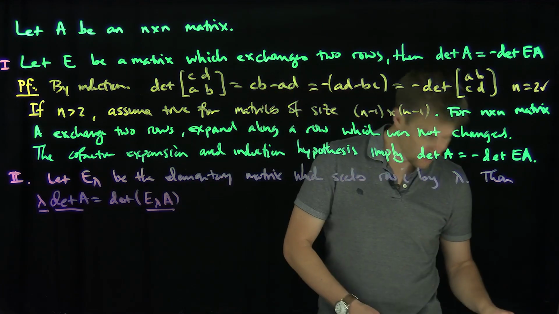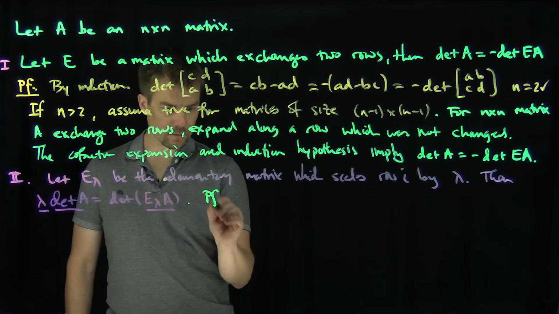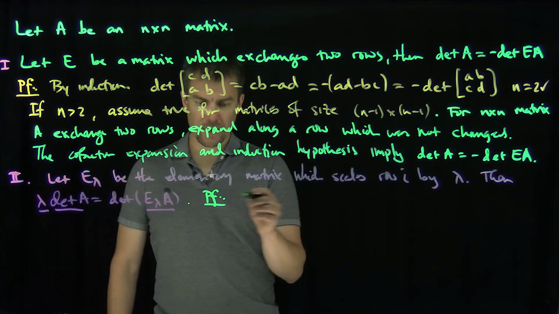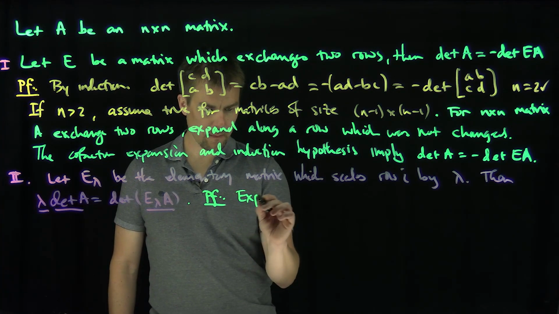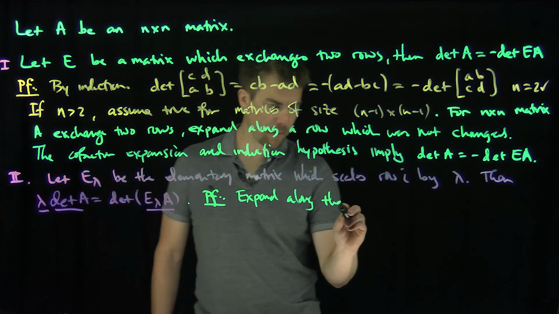And so the proof is obvious. This one has an obvious proof. Expand along the scaled row.